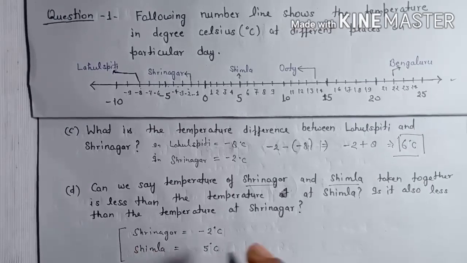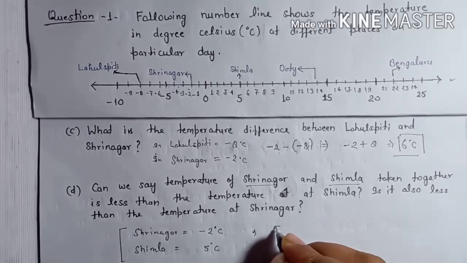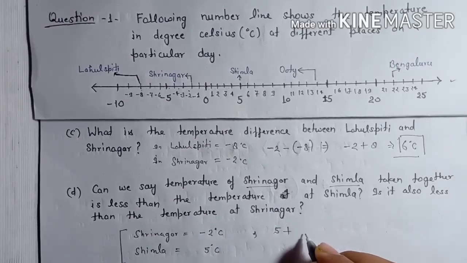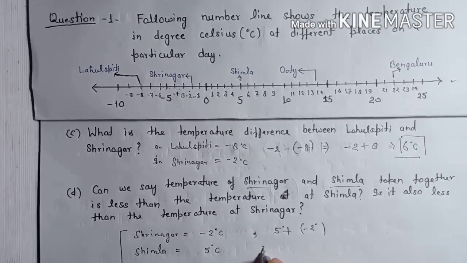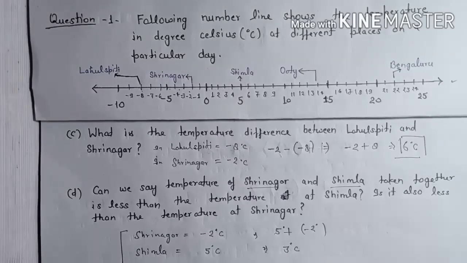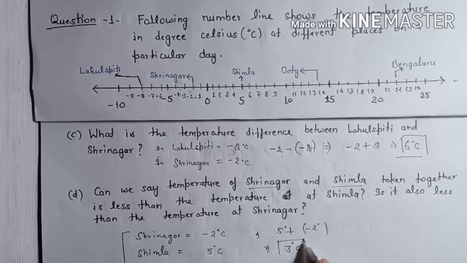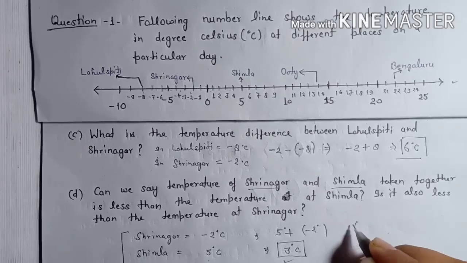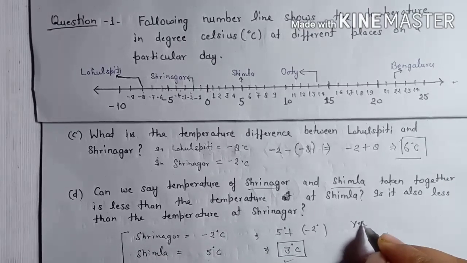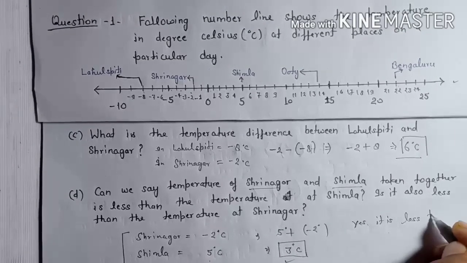You have to add these temperatures, 5 and -2 degrees C, and the result is 3 degrees Celsius. Observe that the temperature taken together is less than the temperature of Shimla. So yes, it is less than the temperature of Shimla.